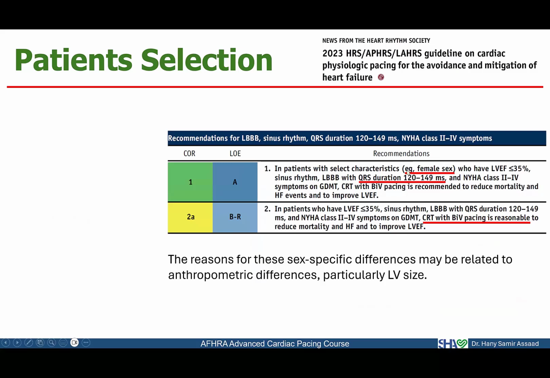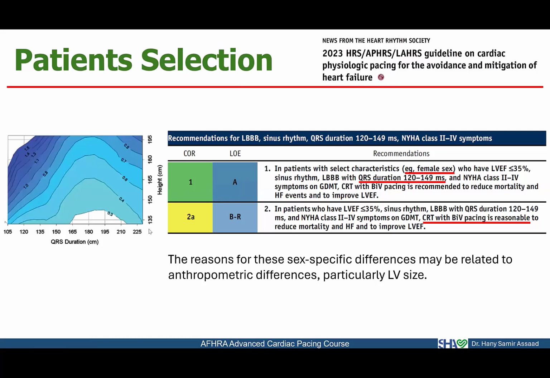For example, female patients with a less wide QRS duration, 120 to 149, so less than 150 milliseconds, if they have a left bundle morphology, they still have a class 1A indication for CRT biventricular pacing. And the idea here is because we know that female sex has a better response to CRT.